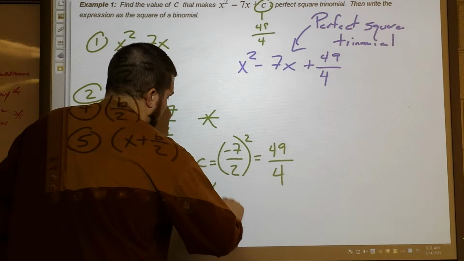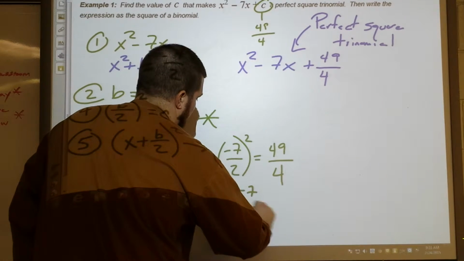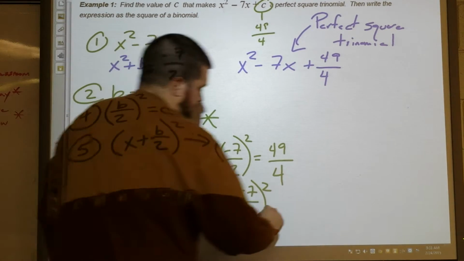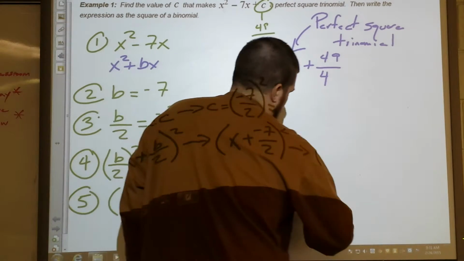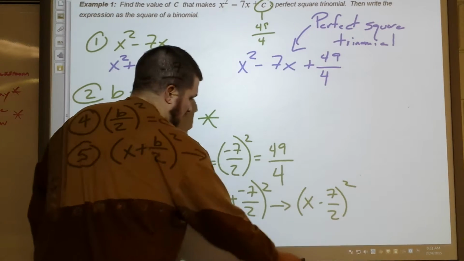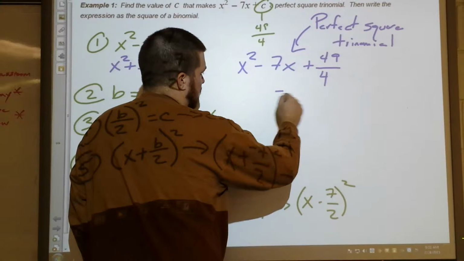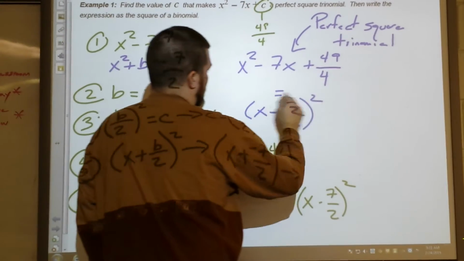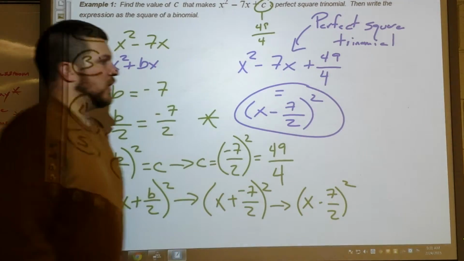So we have x plus negative 7/2 quantity squared. But if I clean that up, positive and negatives are negative. So I have x minus 7/2 squared. So our problem here becomes x minus 7/2 quantity squared. So this is my final answer.